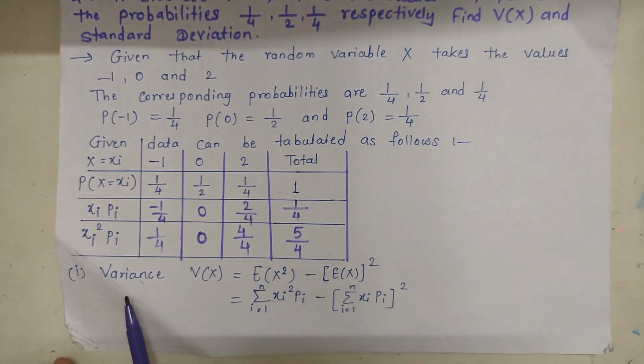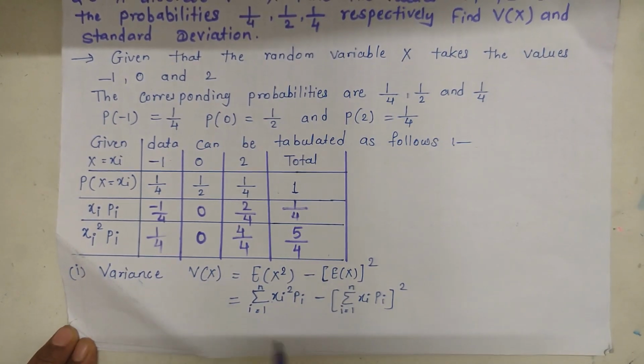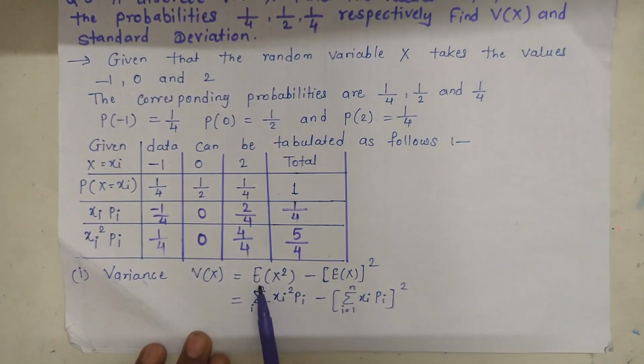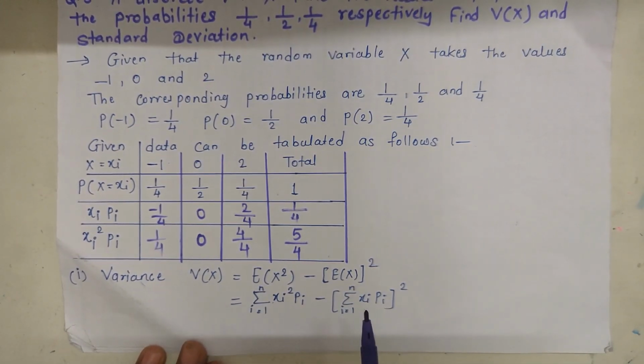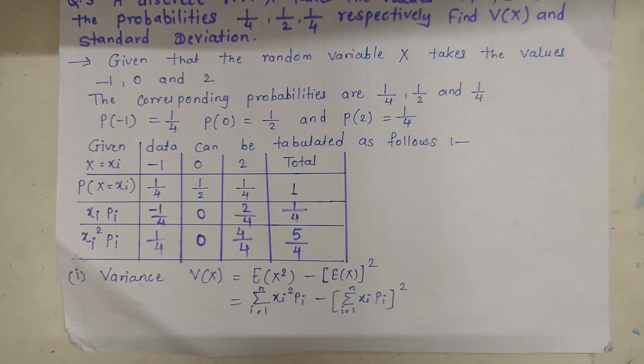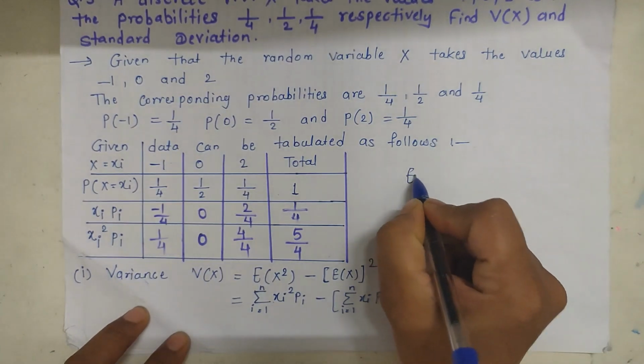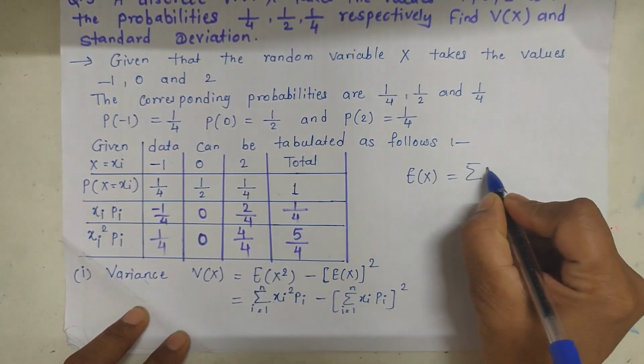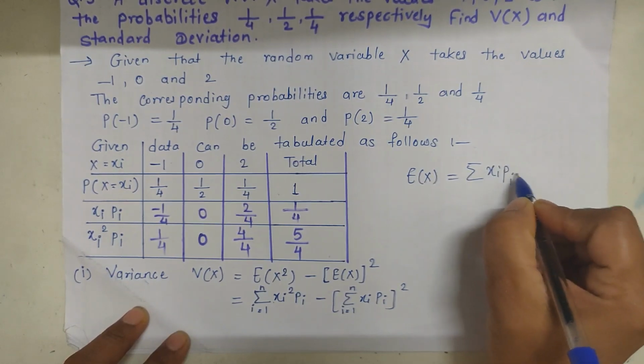Now for the value of variance of x, we know the formula: variance of x is E of x square minus E of x bracket square. E of x means the expected value or mean of the given probability distribution. So E of x is equal to the summation of xi into pi.